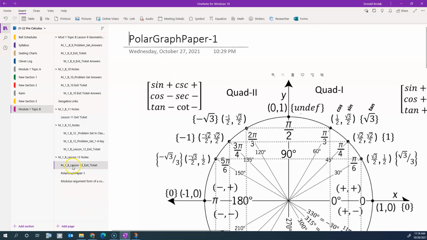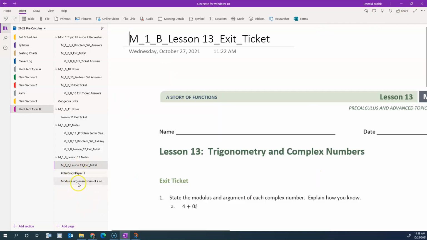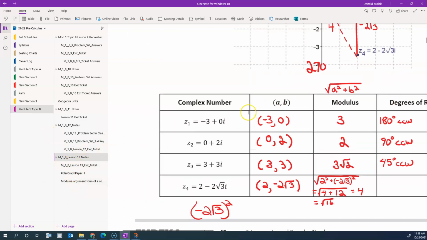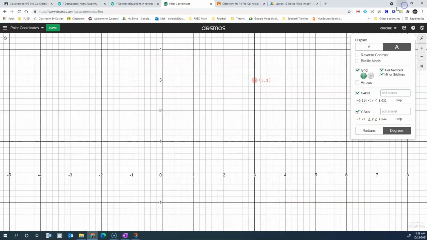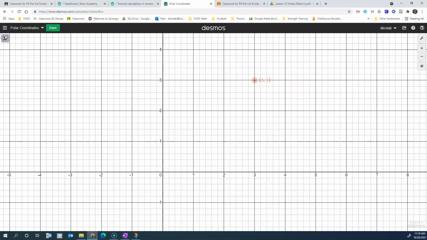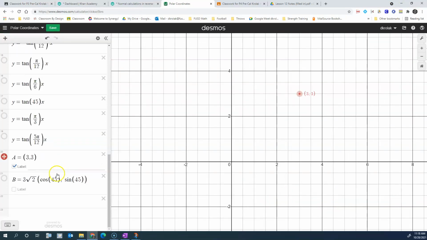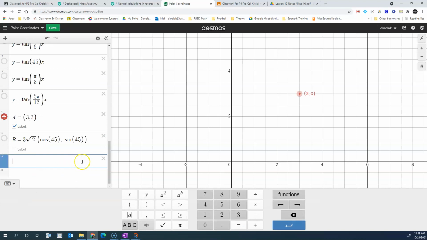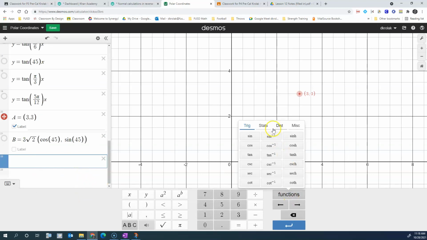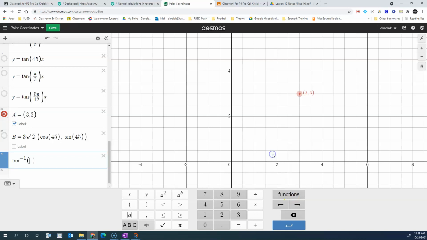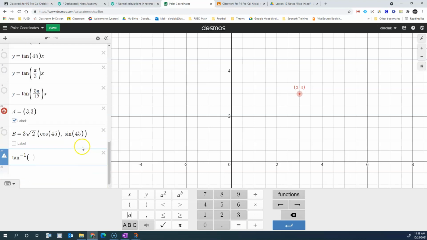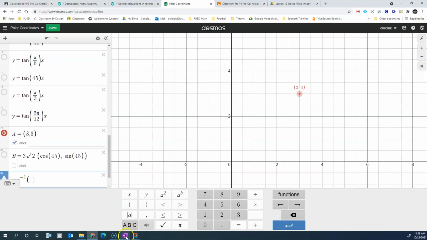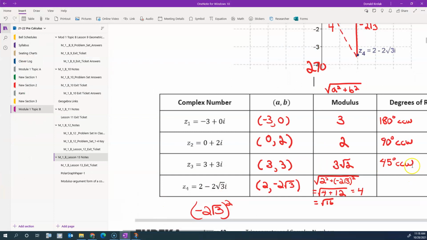So if I took my calculator and did the inverse tangent, let's just do it on Desmos real quick. I pick tan^-1, and the tangent is equal to the opposite side divided by the adjacent side.